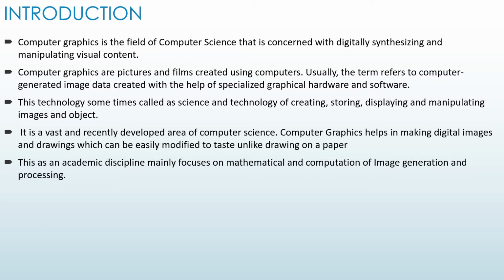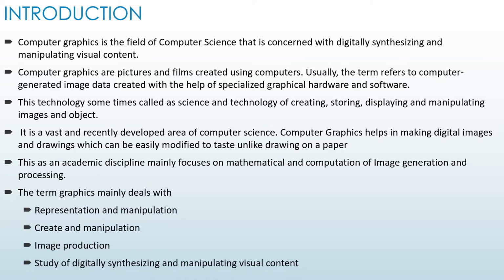So when we speak in academic terms, what is computer graphics, why graphics, and what does it mainly focus on? Computer graphics mainly focuses on the mathematics and computation of how an image must be created or how an image must be processed. We are going to see that with the help of computer graphics.